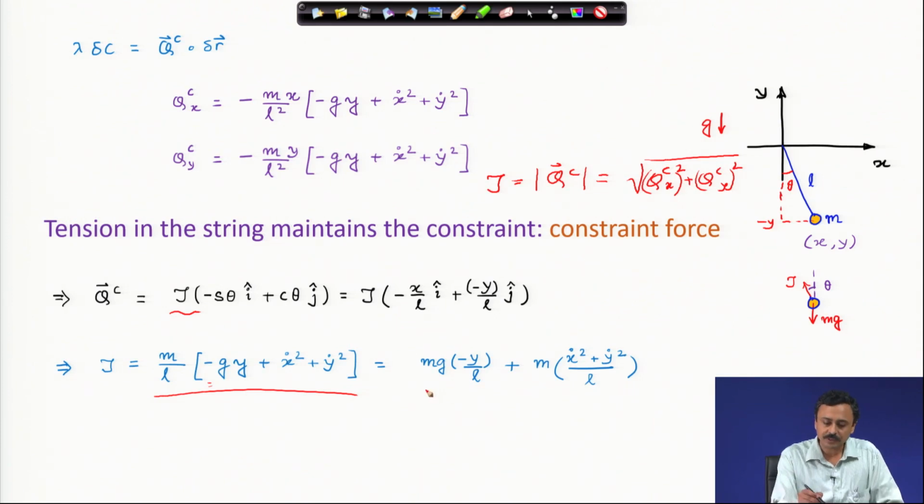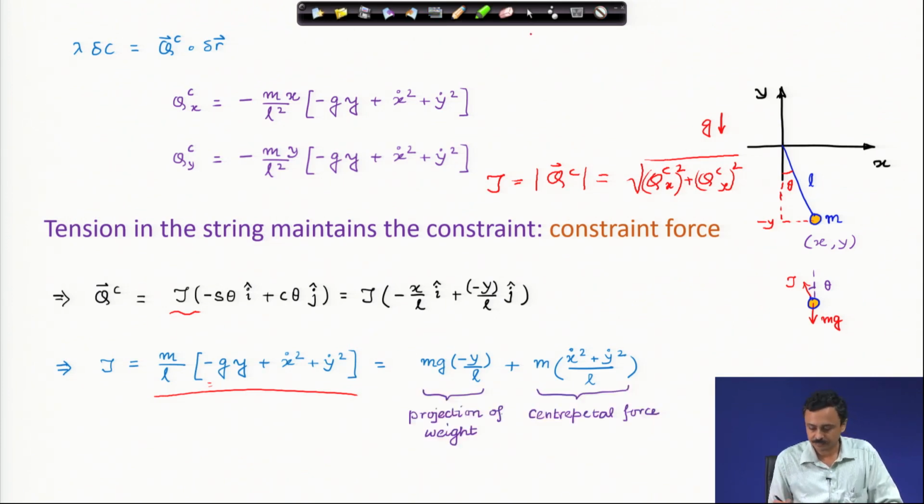Therefore, we have the component of the weight along the string and the centripetal force, which you can very easily recognize from here. It is mv squared by L. Therefore, we have found the tension, the constraint force.